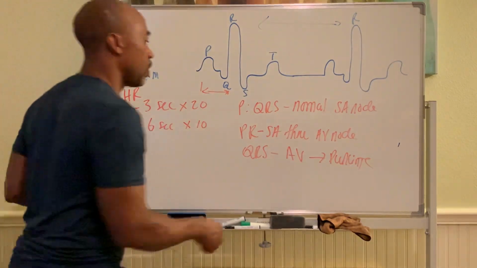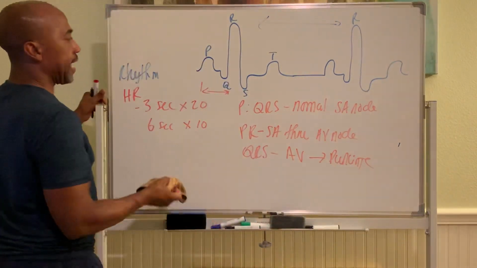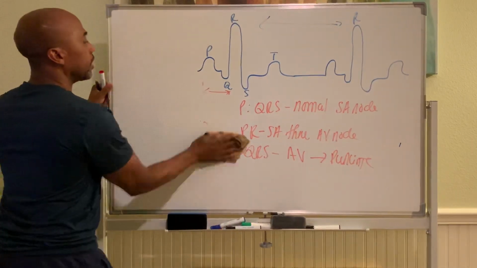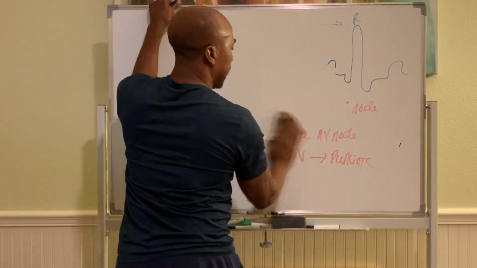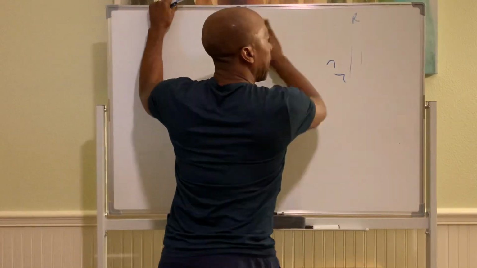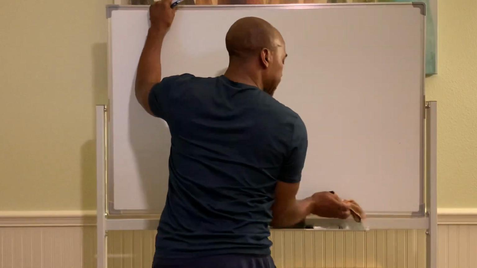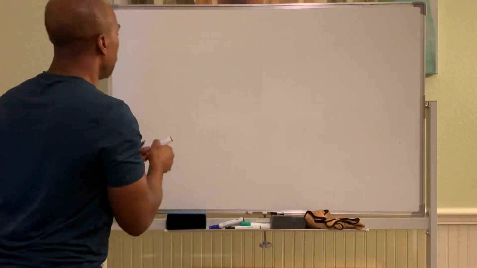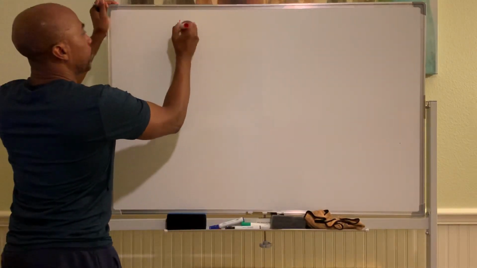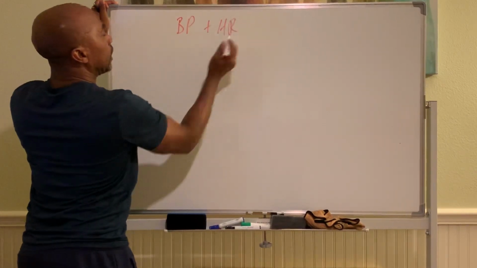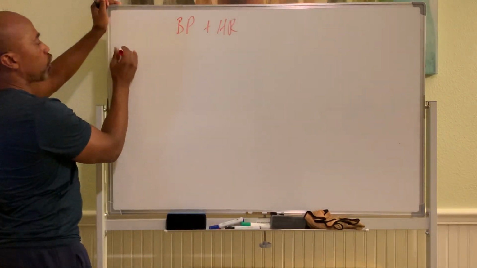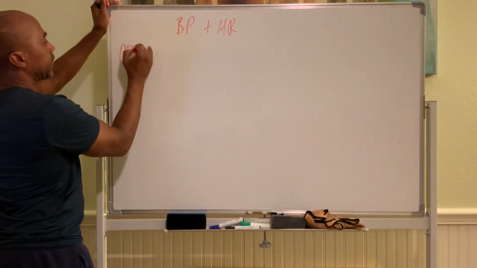Then for your blood pressure lab, we're gonna look at blood pressure and heart rate at rest and exercise and after exercise. So first, we're gonna look at your blood pressure and the heart rate in terms of position of the body.